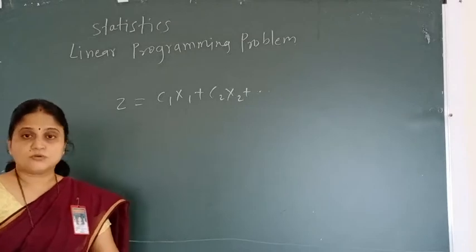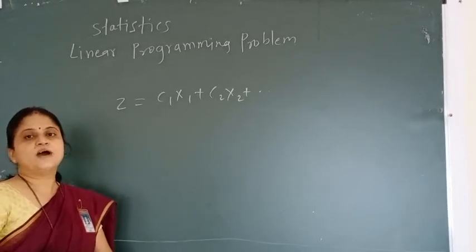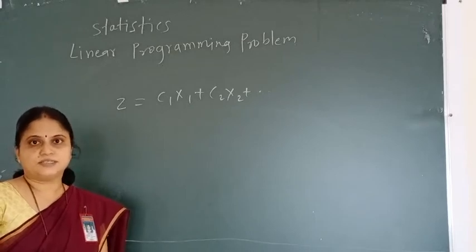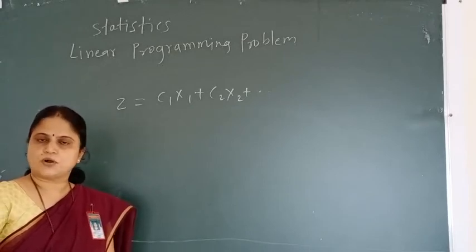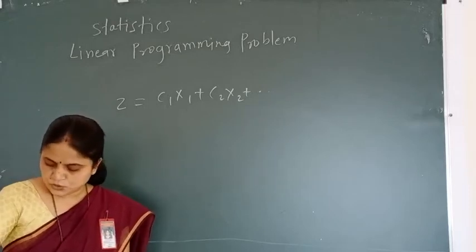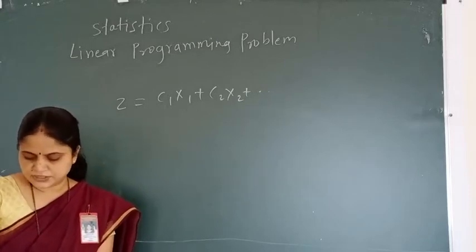We need to find the values of the xi's with the given constraints, since we have minimum stock and the constraint is placed on these xi's. Now I have one illustration over here.